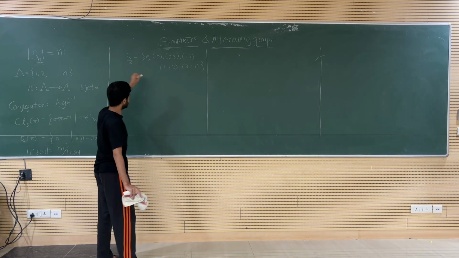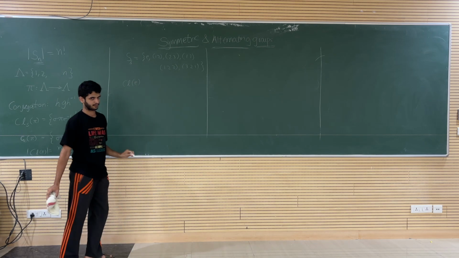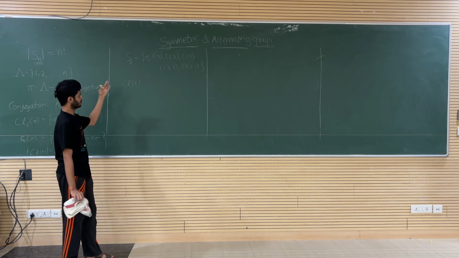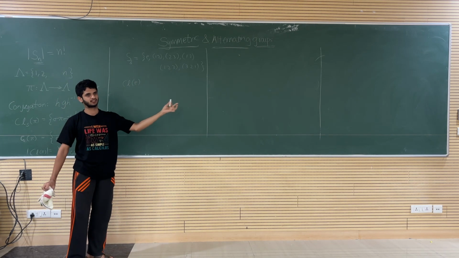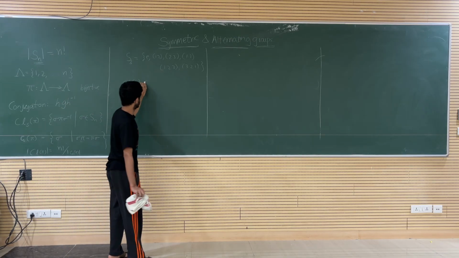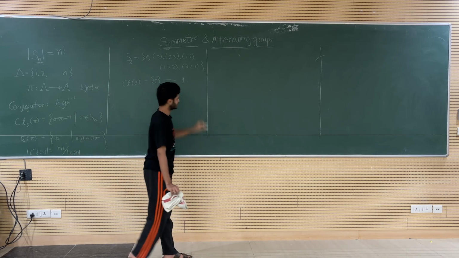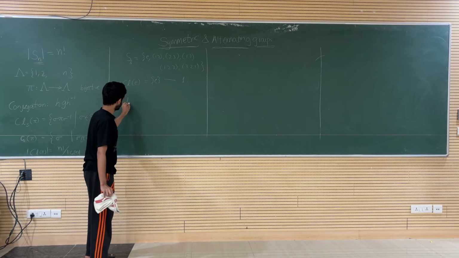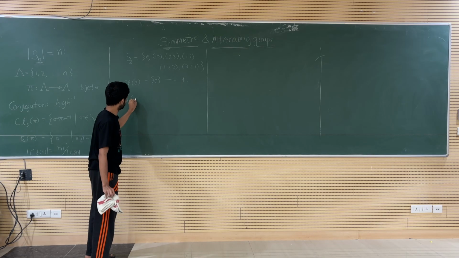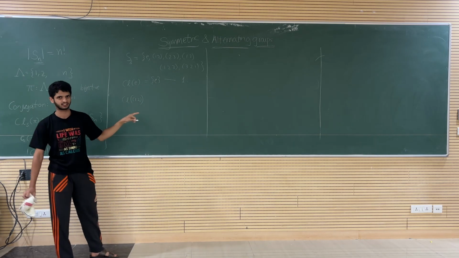Now let's calculate the conjugacy classes of all. What is the conjugacy class of E? It is the set of pi E pi inverse. E does nothing, so it's just pi pi inverse, which is identity. The only element you get here is identity. Size is 1. What is the conjugacy class of a transposition?